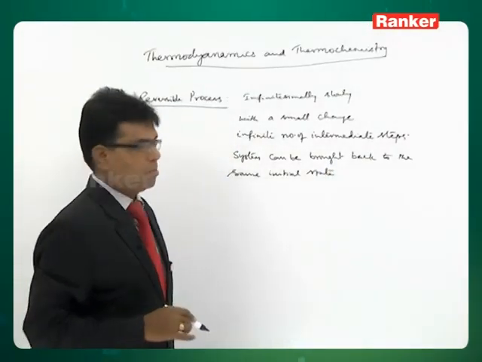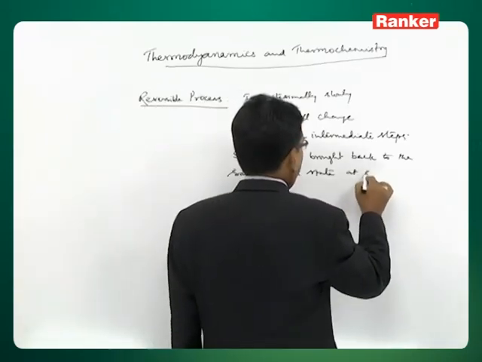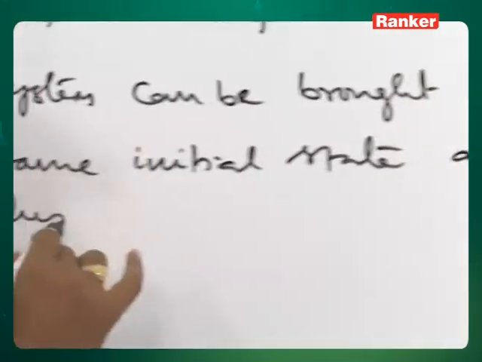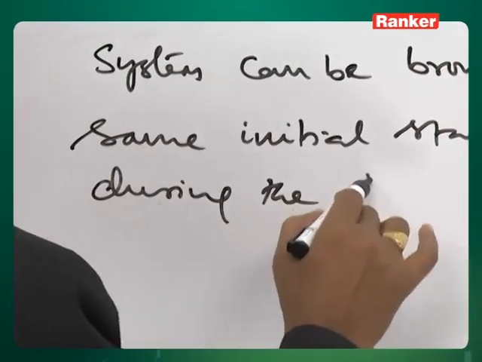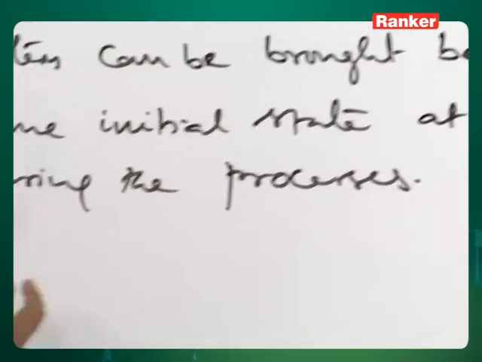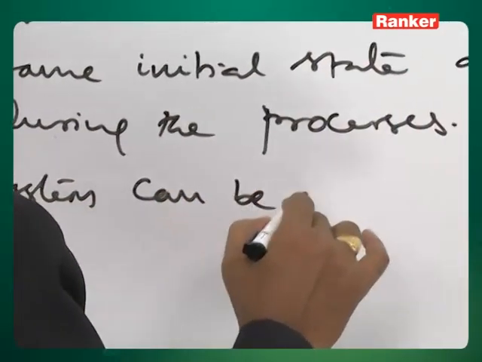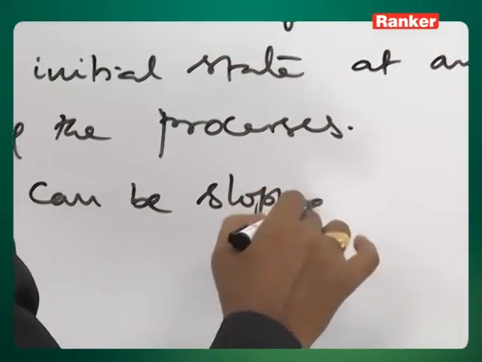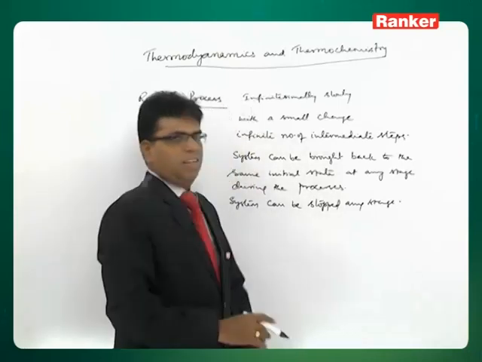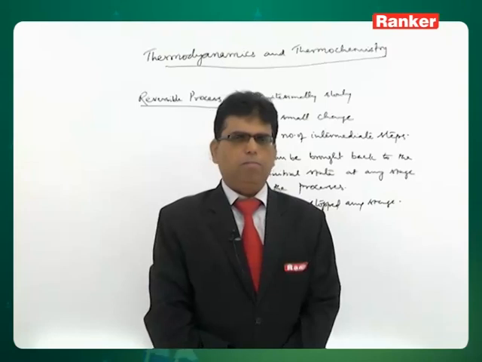The system can be brought back to the same initial state at any stage during the process. That means the system can be stopped at any stage. Now we can easily differentiate between reversible and irreversible.